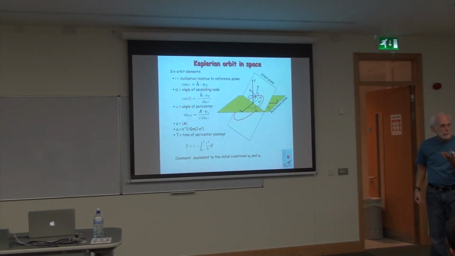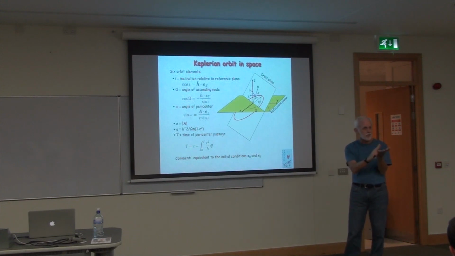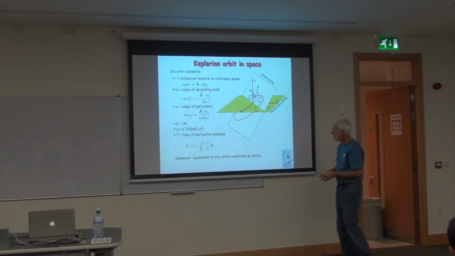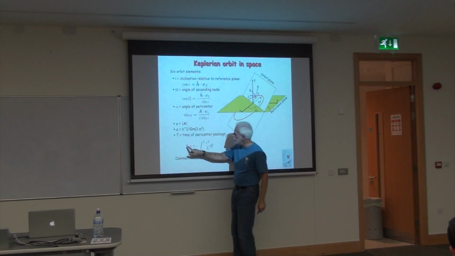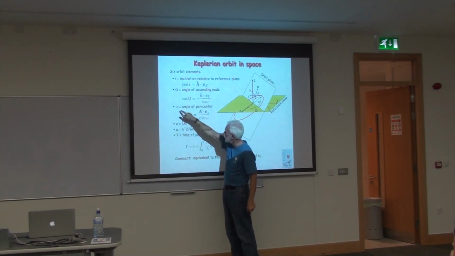We have a second order differential equation in time, right? So you have to have 6 initial conditions to describe the orbit: 3 components of x, 3 components of v. Once you have those, you have the complete solution for all time of the orbit. And those 6 initial values are completely equivalent to these 6 constants, including the time of pericenter passage.